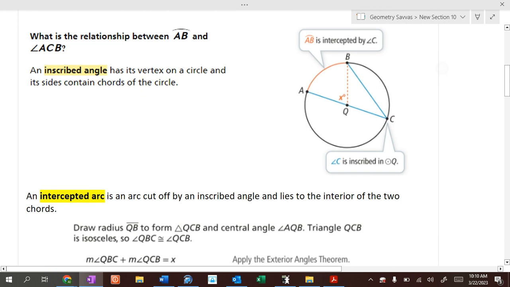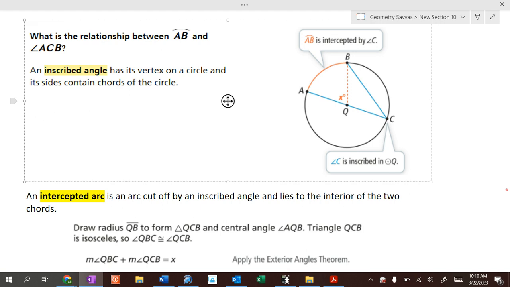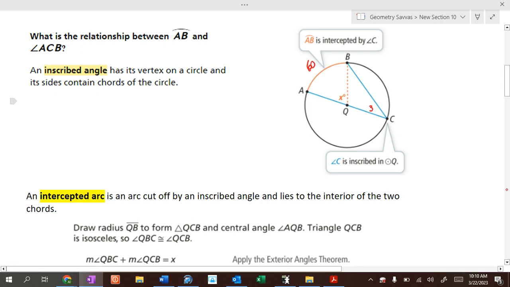Get out your vocab sheets. The relationship between an intercepted arc and an inscribed angle: if this is 60, then this will be 30. The inscribed angle will be half the arc.